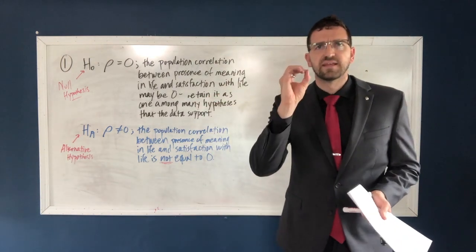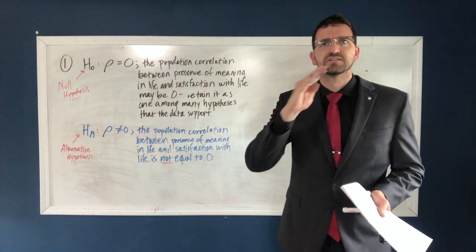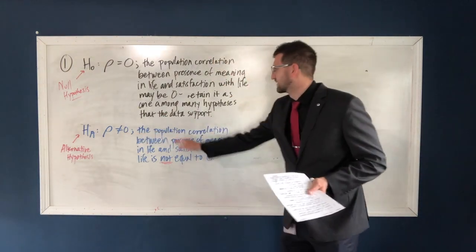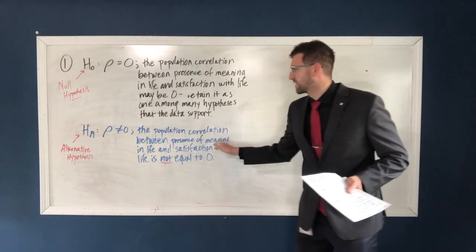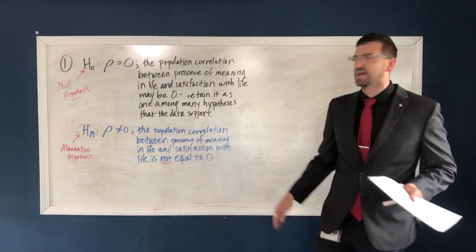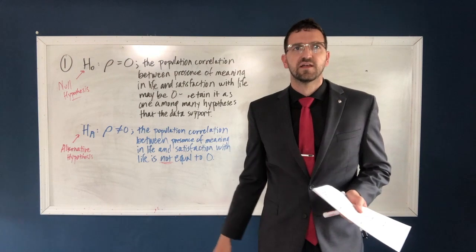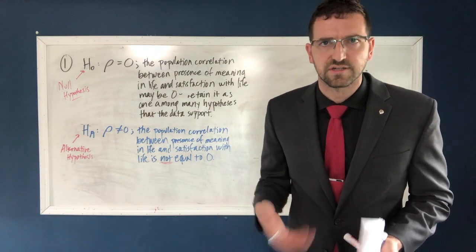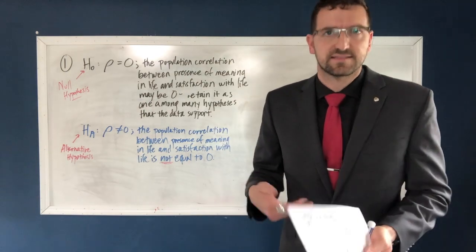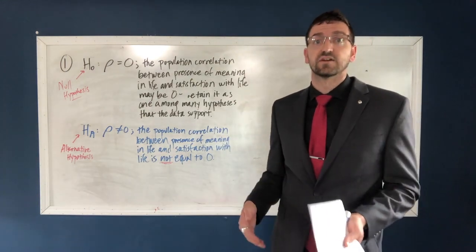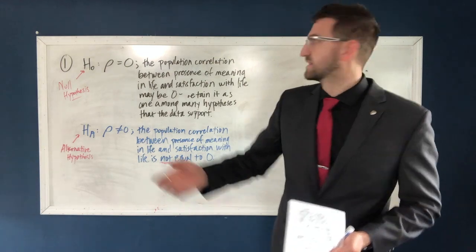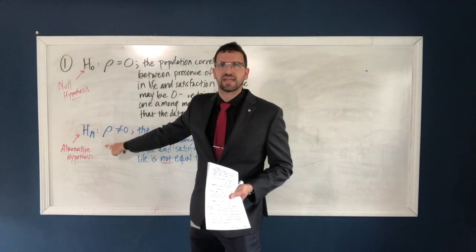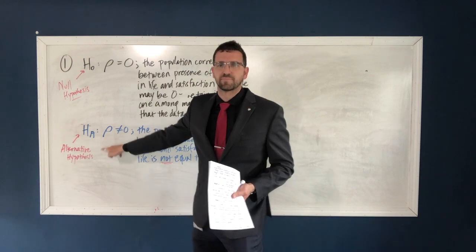And what does 0 mean in terms of correlation? It means no relationship. Or we can find that the population correlation is not equal to 0. Well, if it's not equal to 0, 0 being no relationship, then there is a relationship. So there's either not a relationship between these two variables in the population, or there is some sort of relationship between these two variables in the population.